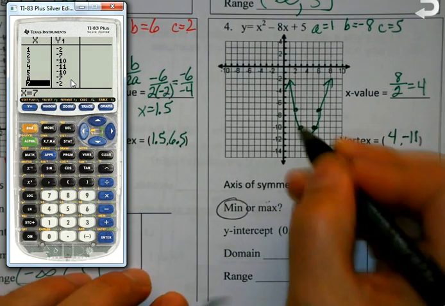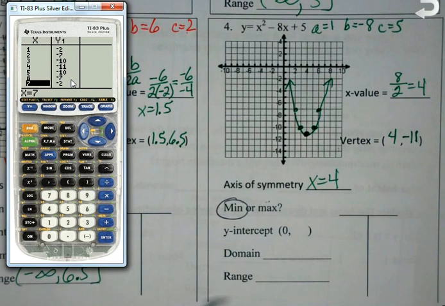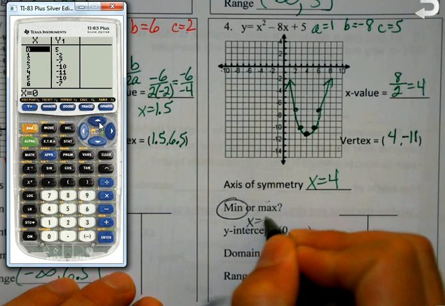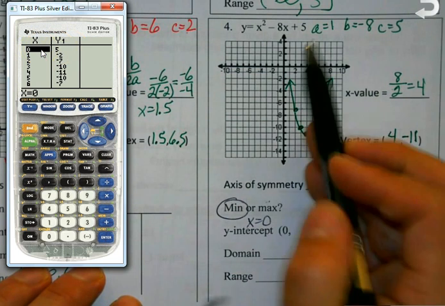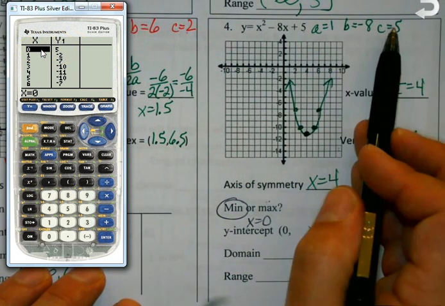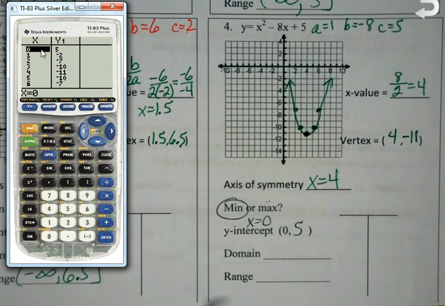It's a min because my vertex is at the bottom. My Y-intercept, just remember, that's occurring when x equals 0. So I can either look it up on my chart, 0, 5, or I can just take it from my C value. Either one works.